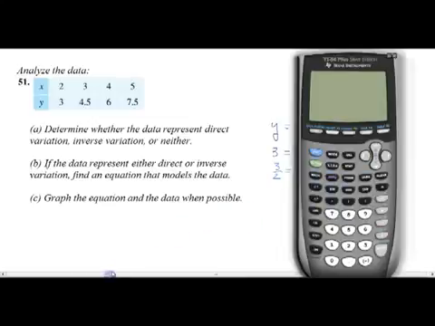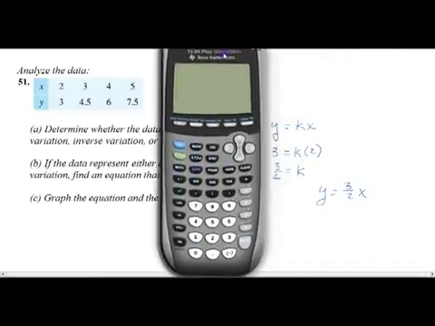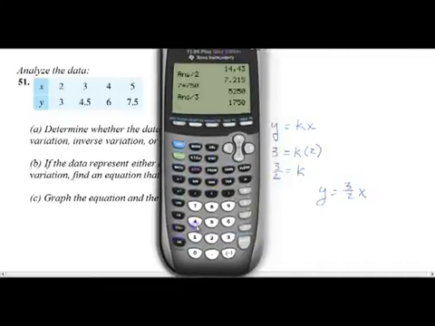So let's grab the calculator, and we're going to put in, of course, 2 times 3/2. We get a 3. Let's put in the 3. 3 times 3/2 there. And we get 4.5.